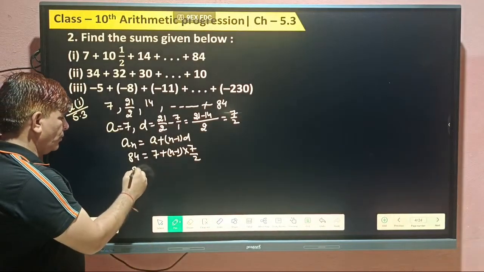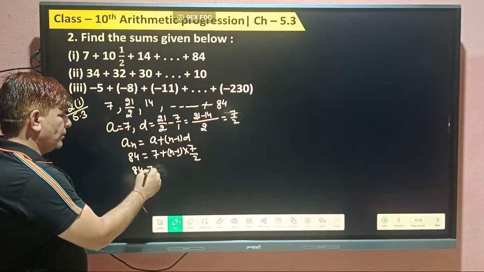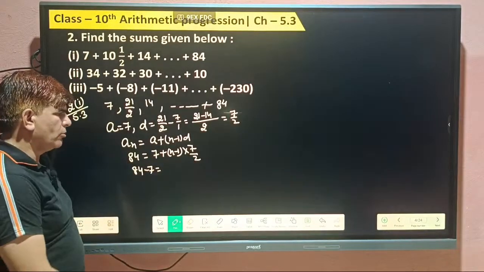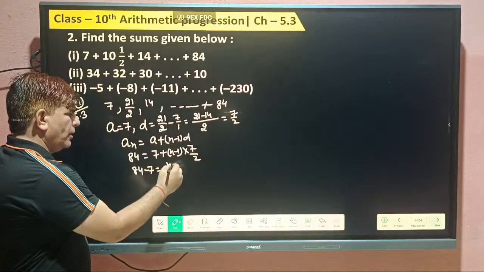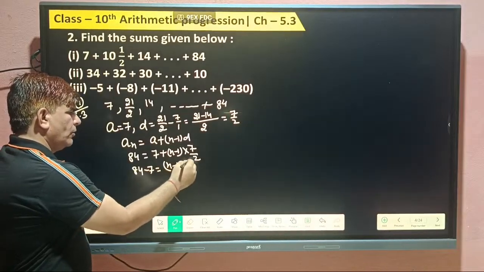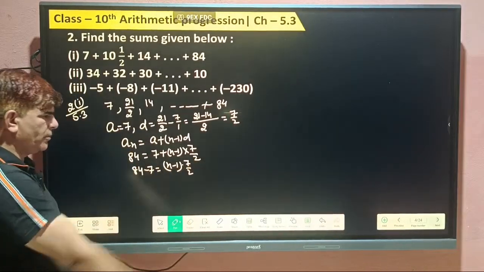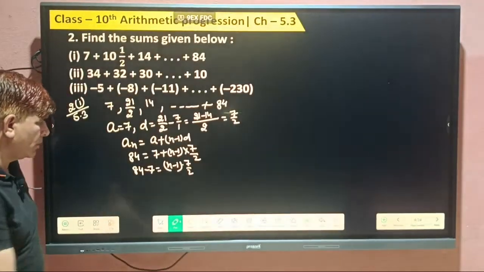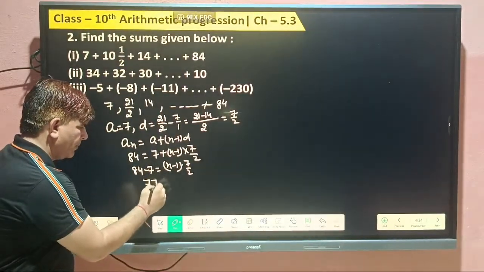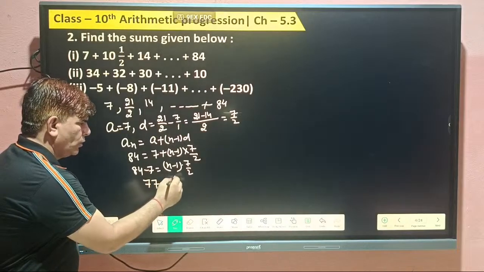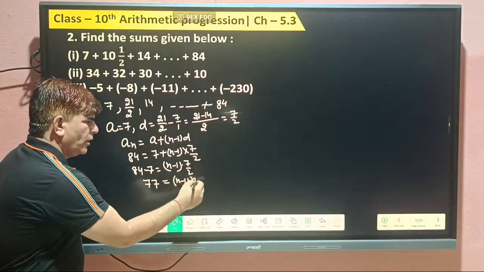So 84 minus 7 is equal to n minus 1 into 7 by 2. Transfer this to this side. So how much is left? 77 equal to n minus 1 into 7 by 2.